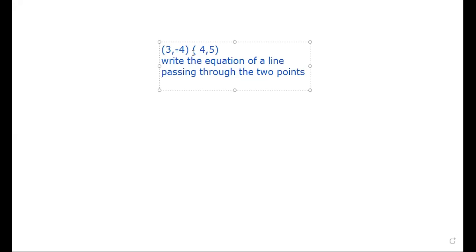Okay. So we want to form the equation of the line which will pass through those two ordered pairs.